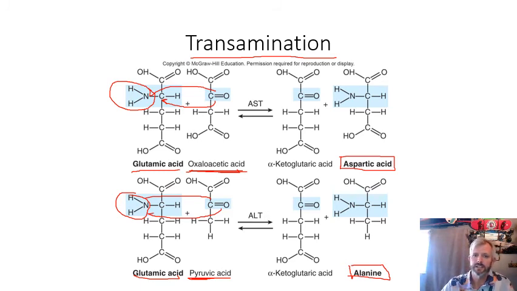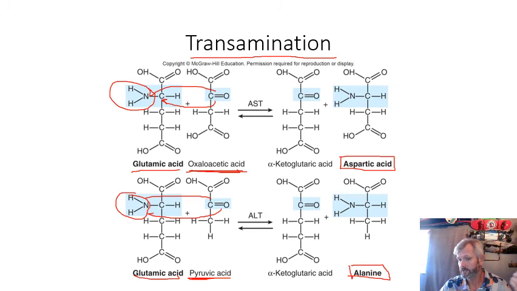You see AST, ALT, different enzymes for these reactions. We'll have different enzymes to do this for creating other non-essential amino acids. Okay, but you can see how we're able to form these non-essential amino acids out of non-amino acid molecules.